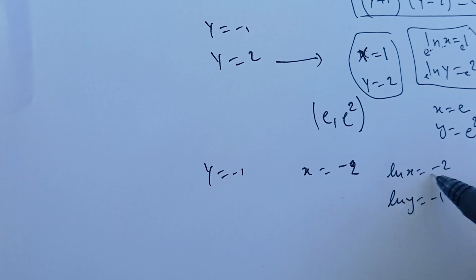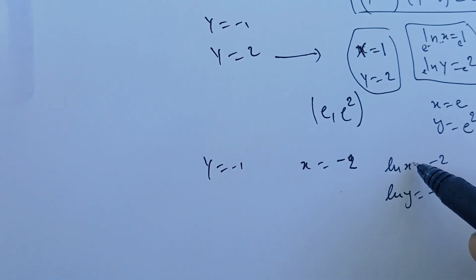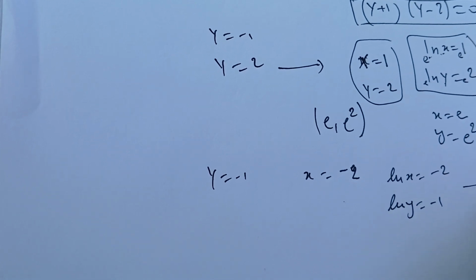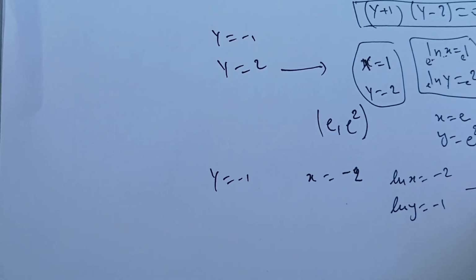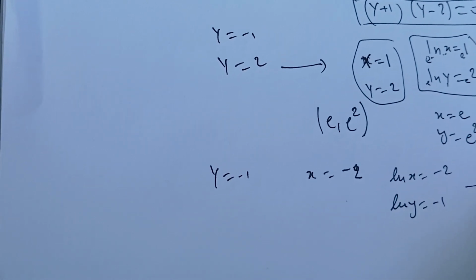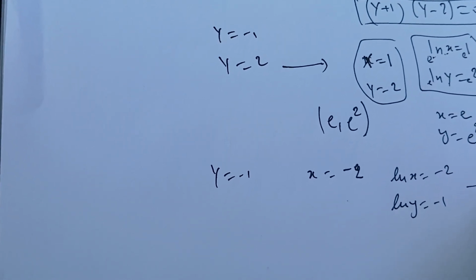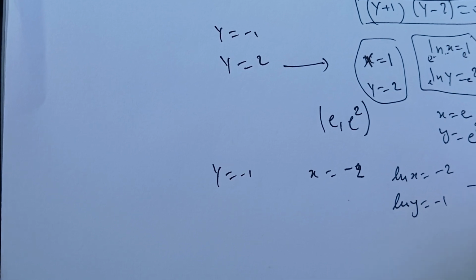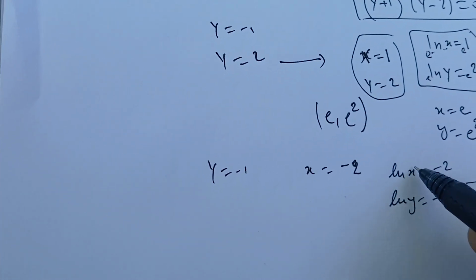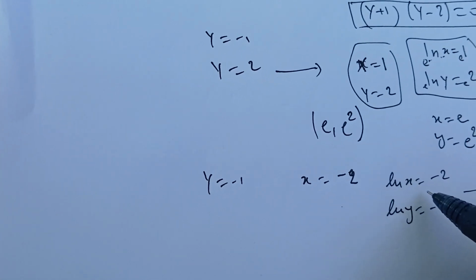The log giving me this negative value doesn't mean that this x is negative. No. It means that these values are smaller, they are less than 1. So one is giving me minus 1, one is giving me minus 2. So they are positive. These x and y are still verifying the condition.